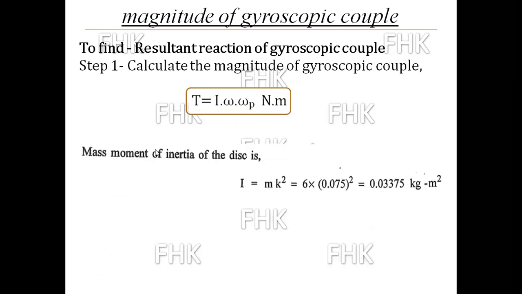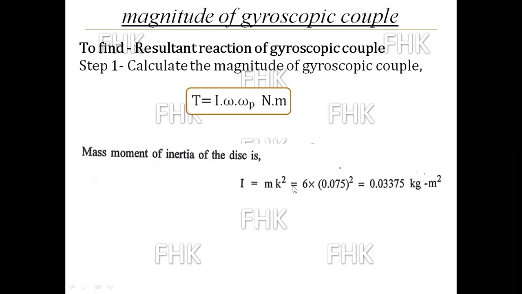So putting the values, the mass moment of inertia of the disc is I equals m k square, as you learned in some subjects like strength of materials. K is the radius of gyration and m is the mass of the rotating disc or rotor. So the mass moment of inertia is m k square. Putting the values, the mass in kg, don't convert that mass into Newton.